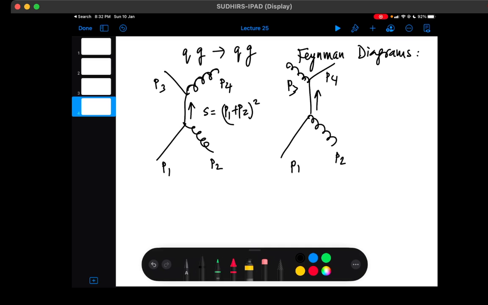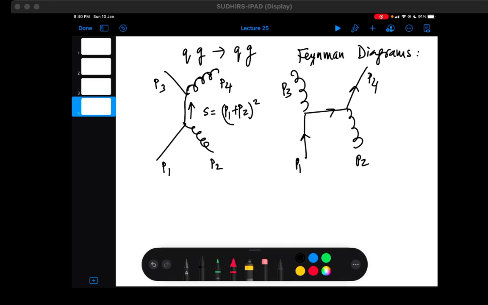Now this diagram is not really right. I had to change the second diagram a little bit. One second, I just change it. So, sorry, there is an S channel and there is a U channel.